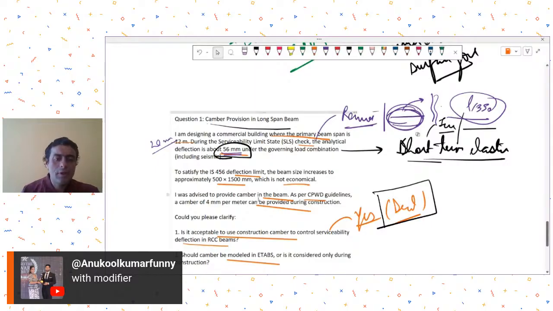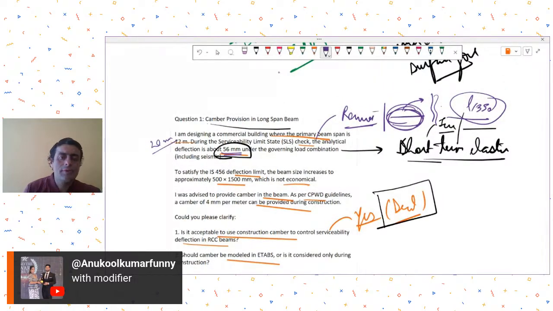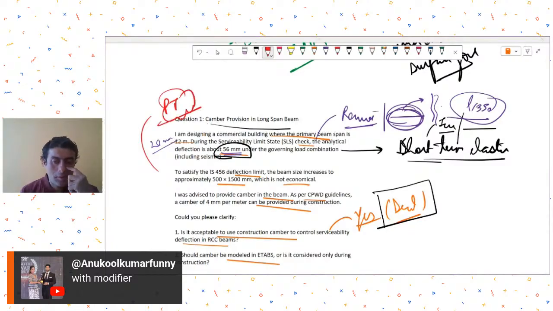All right. So in such cases, my suggestion to you would be to think of going for PT beams and try to control the deflection part by pre-stressing. All right. So that is one of my suggestions, because of the large deflections that you're getting and because of the large spans that you have, try to involve pre-stressing in this type of situation, because you want to control the deflection.